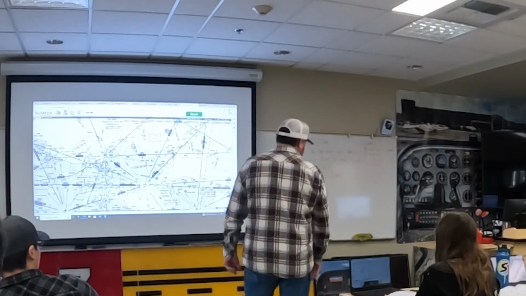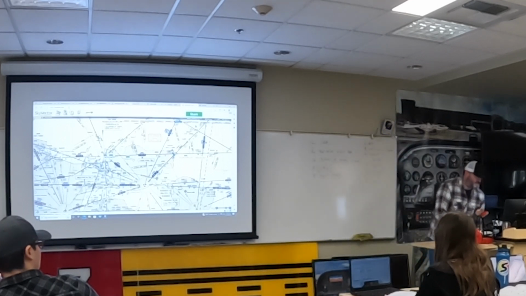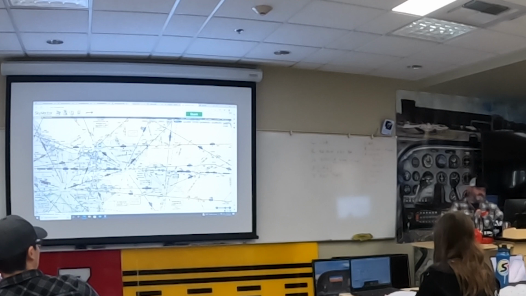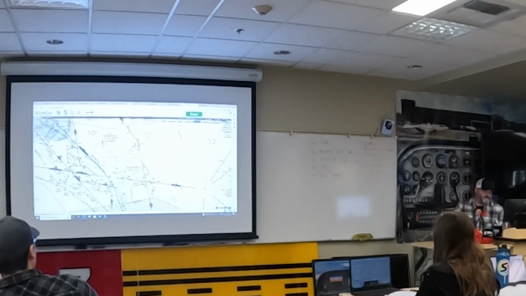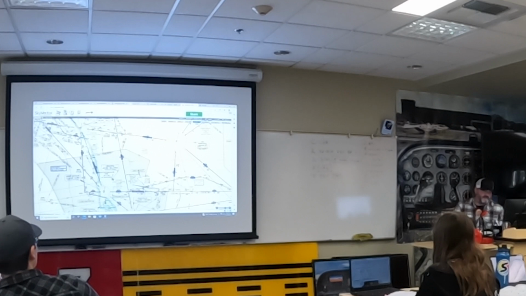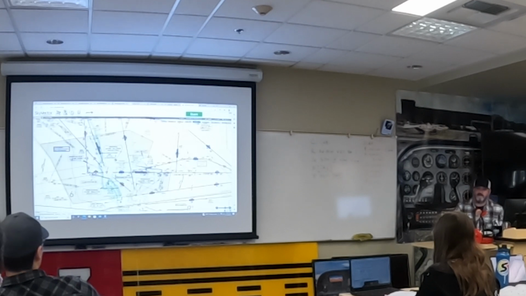Some other things on this chart. Coloration is obvious. So that's like at 18,000? Flight levels. There's colors. There's blue shading, but with a solid blue line surrounding it. What does that blue shading with the solid blue line identify?